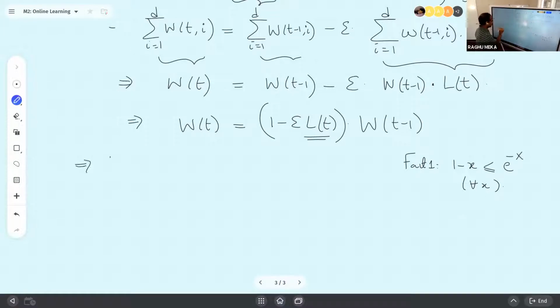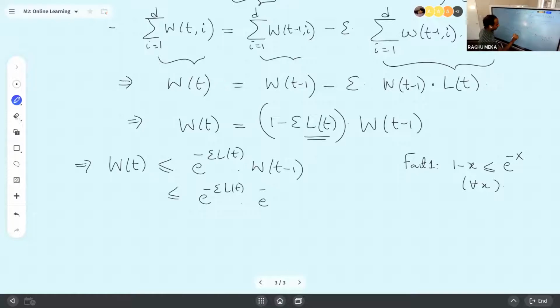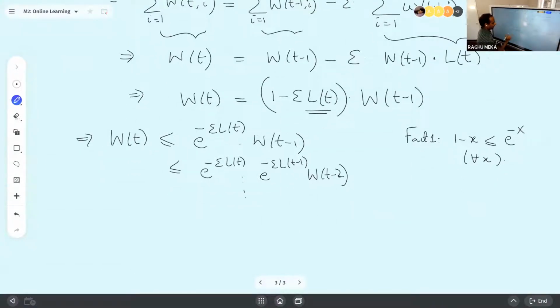So this implies that W of t is less than or equal to... and the reason I'm doing it is that now if I iterate this equation, what happens? Any guesses? Something nice happens. So what would happen? So I get times e to the minus epsilon times L of t. Right? Okay.